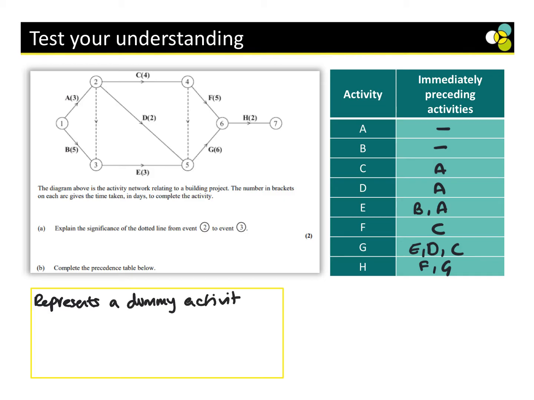And C and D depend only on A, as we can see, but E depends on A and B. This is what we'd have to write to get the marks.